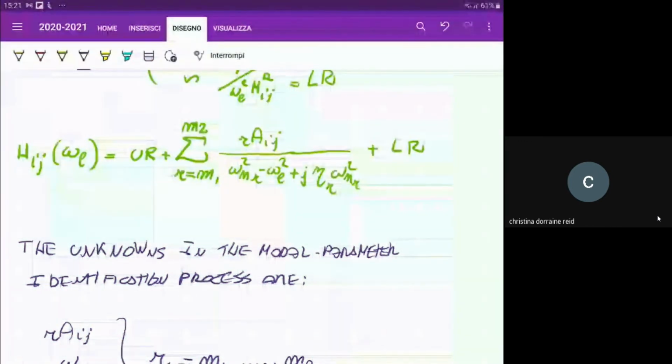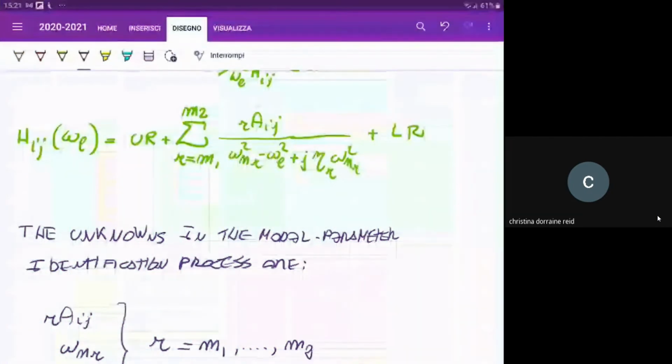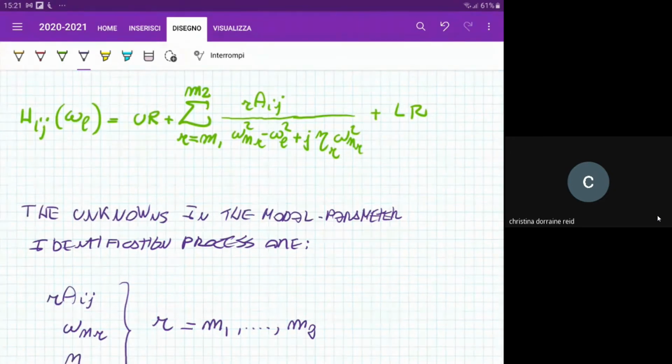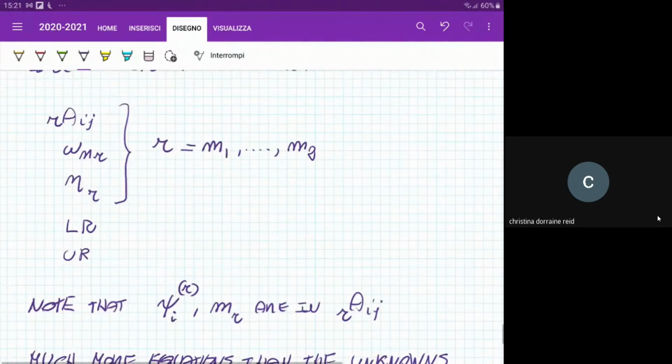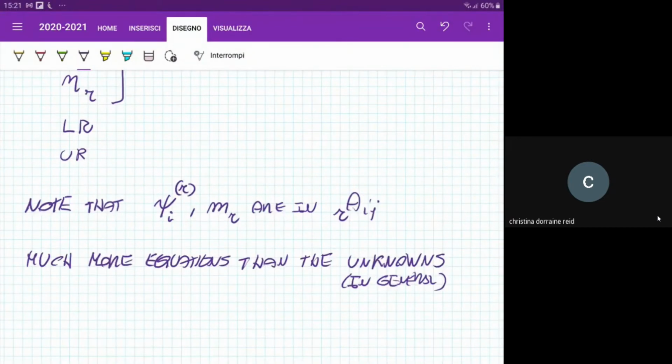In this sense, the number of frequency lines is always a power of 2, in which the exponent is easily 10, 11, 12, 13, 14. So 2000, 4000, 8000 frequency lines. That is the reason why the number of unknowns here is less than the number of equations, that is the number of frequency lines that we can have.